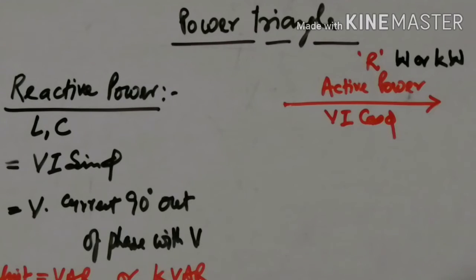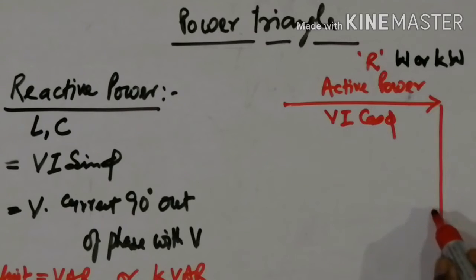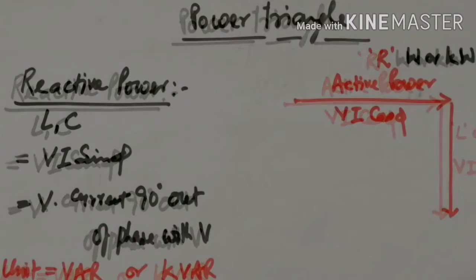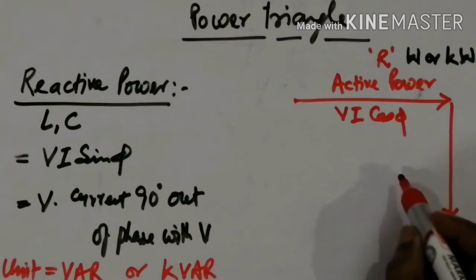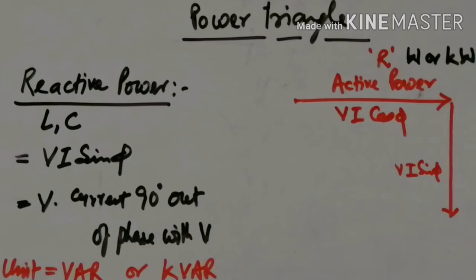Now see the power triangle. This part making an angle 90° is VI sin phi. It is due to the component inductance or capacitance. The formula for the reactive power is VI sin phi.